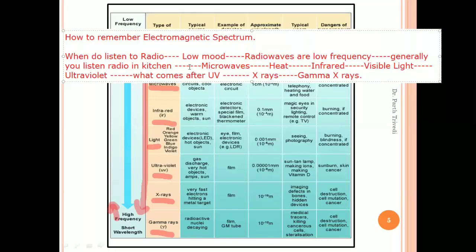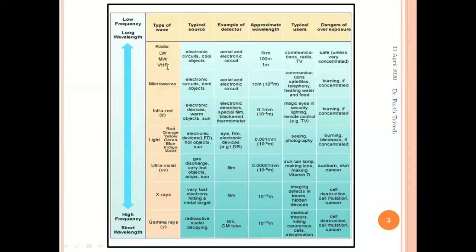Where is radio generally? In the kitchen. And what is in the kitchen? Microwave. What does a microwave do? We use it to heat. So we have infrared. Infrared is one part, then it is red, it is visible light. After visible light, on one section it is infrared, on the other section it is ultraviolet. After U and V comes X, so it is X-rays, and then we have gamma rays. So this is how we have the electromagnetic spectrum.